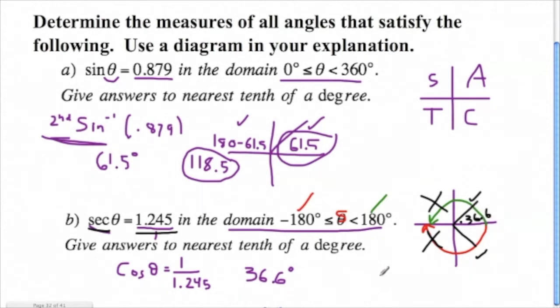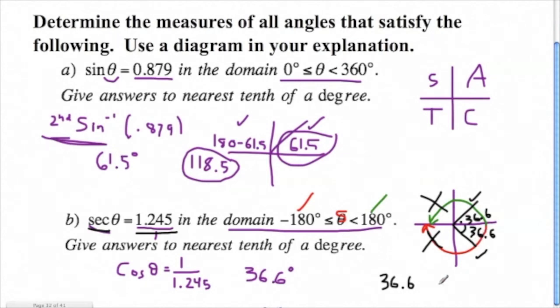How far is it there to there? Well, it is 36.6. Now, the other one, how far is it from there to there, that reference angle? Well, it is still 36.6. But we're going backwards. See, this red line is going backwards to that arm.